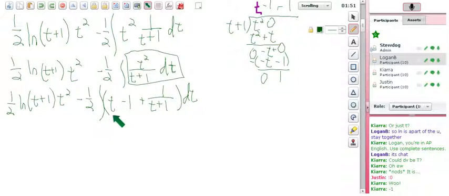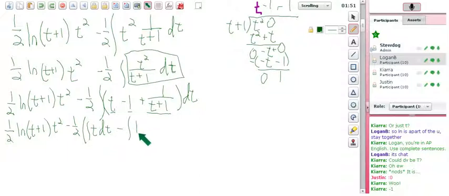And so now we get to have three separate integrals, all of which are pretty easy to find. So the integral of t dt minus the integral of 1 dt plus the integral of dt over t plus 1.